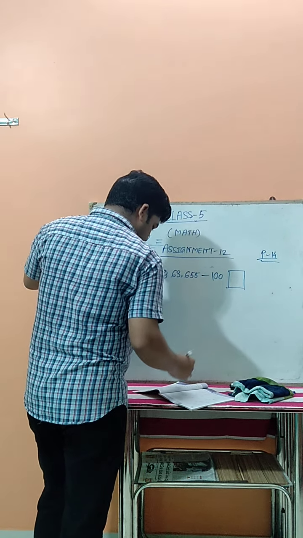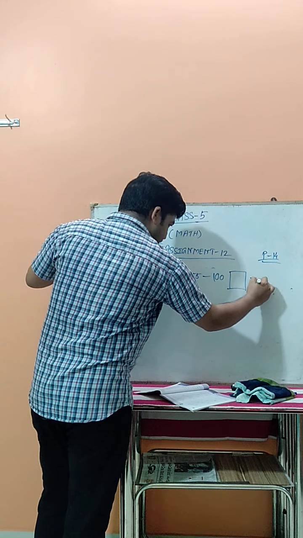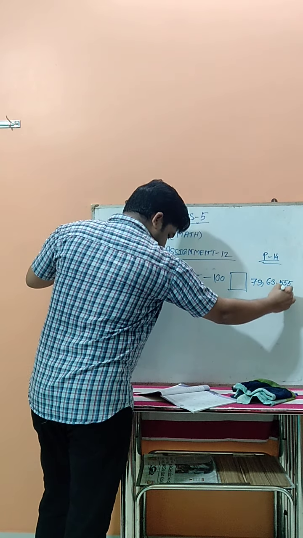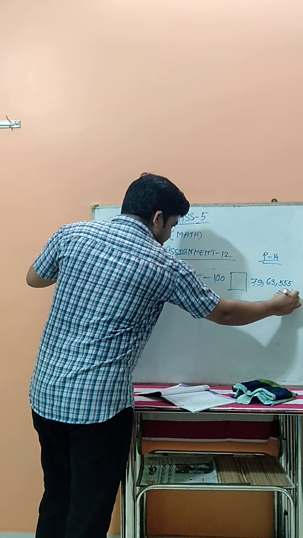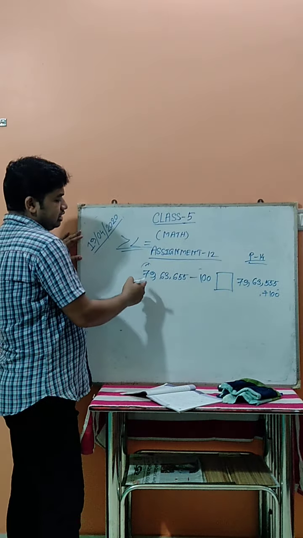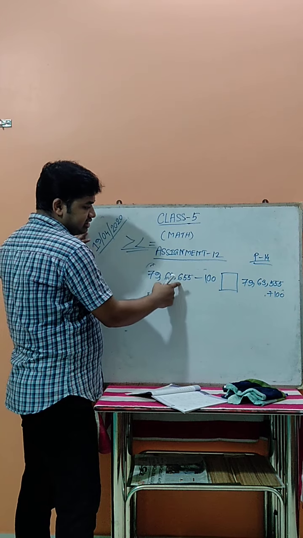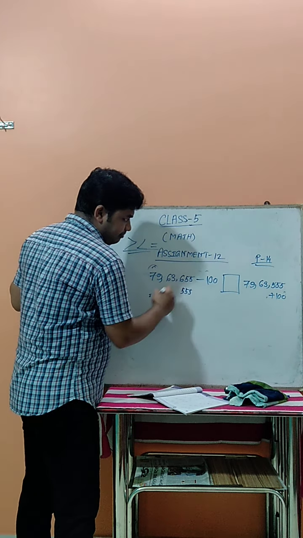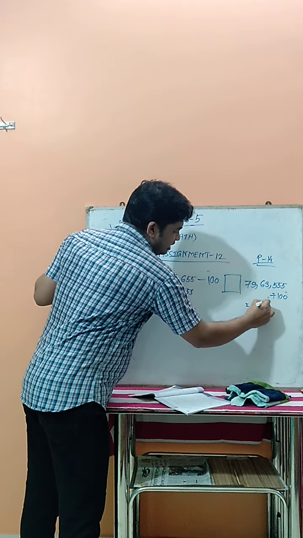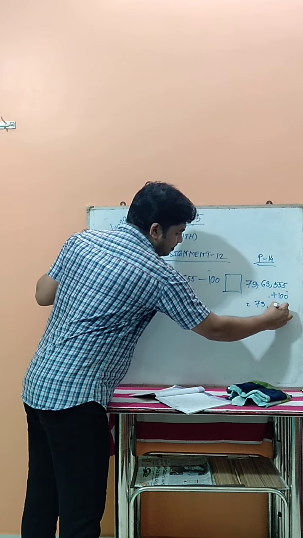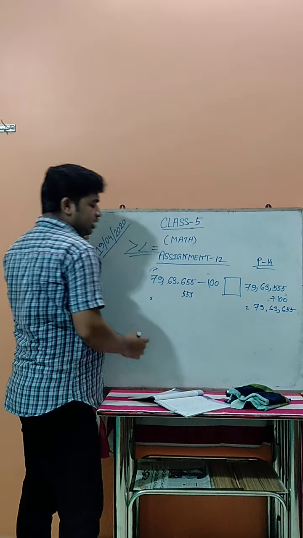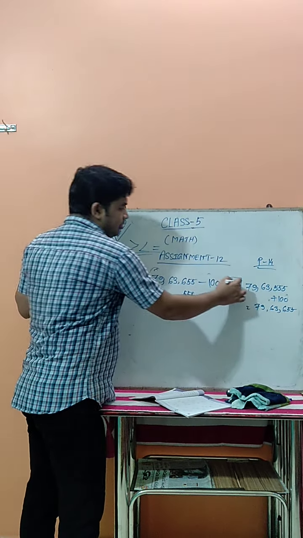And here is the one box, that 79 lakh 63,555 plus 100. Now what will happen? That is 79 lakh 63,655 minus 100, so it is 555. Now here is the 79 lakh 63,000, the 555 plus 655. So which one is bigger? This one is the bigger one.